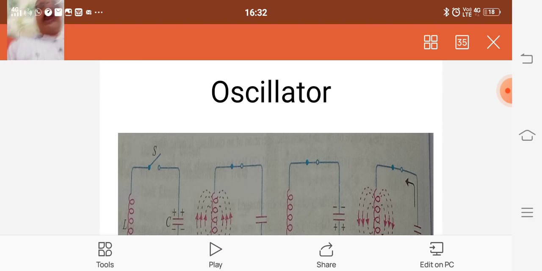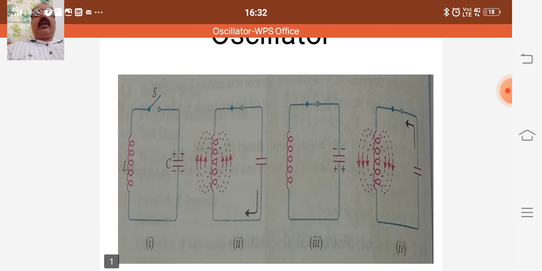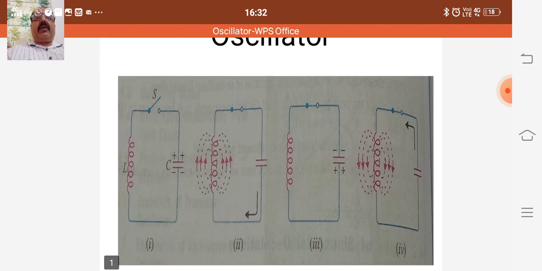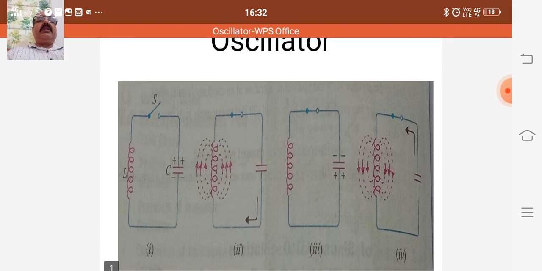So now let me consider the article, the oscillatory circuit. The circuit which produces electrical oscillation of any desired frequency is known as an oscillatory circuit or tank circuit.